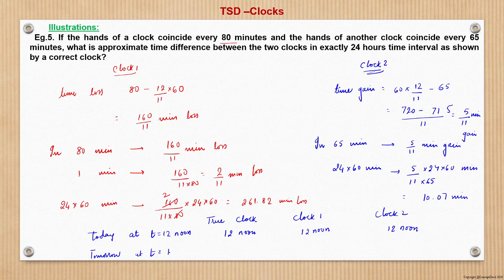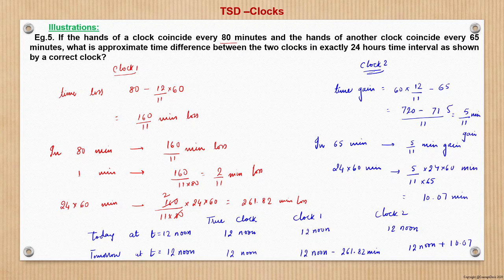Now, tomorrow after 24 hours, at t is equal to 12 noon tomorrow, the true clock will show 12 noon, whereas clock 1 has lost 261.82 minutes. So that will be 12 noon minus 261.82 minutes, and clock 2 has gained 10 minutes, so it will be 12 noon plus 10.07.